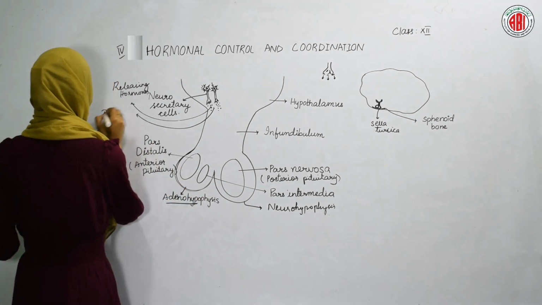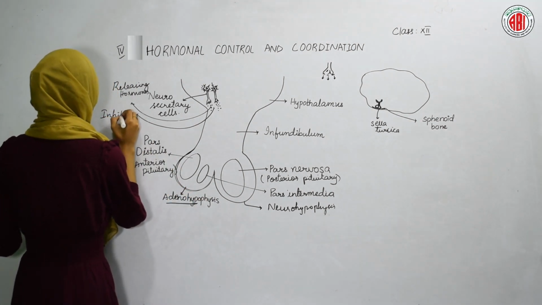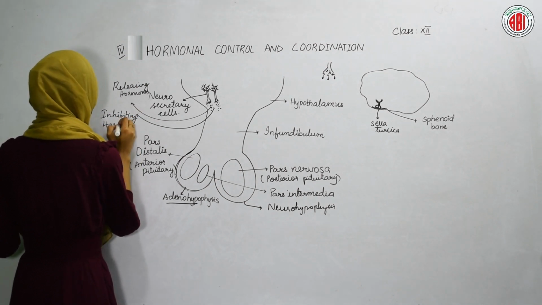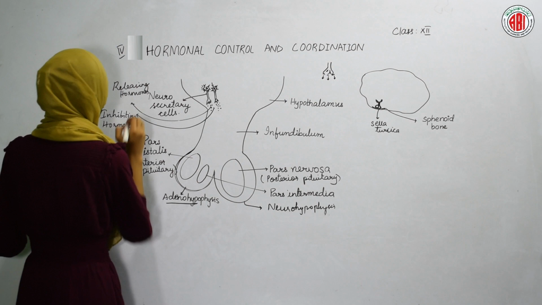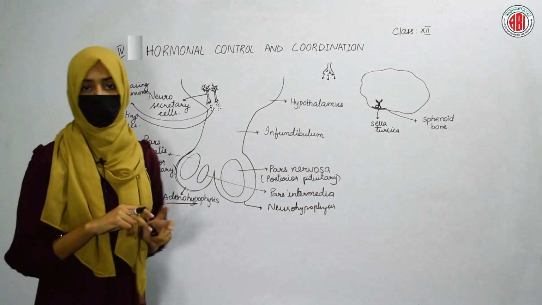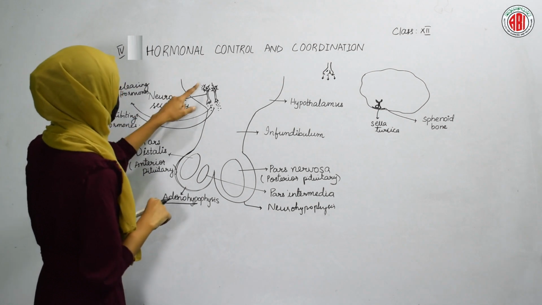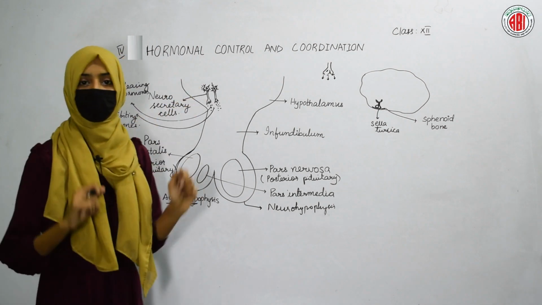Inhibiting hormones are the hormones which inhibit the activity of other hormones. In this way, releasing hormones and inhibiting hormones, these different types of hormones, can be released into the blood by the action of neurosecretory cells.